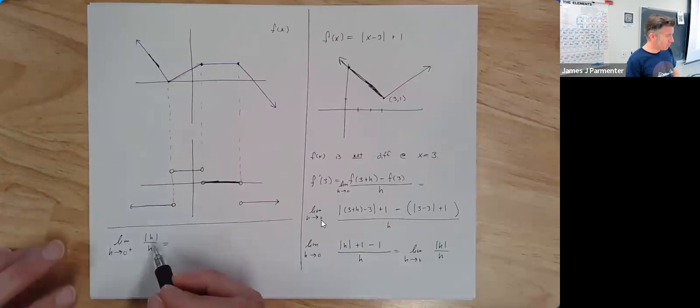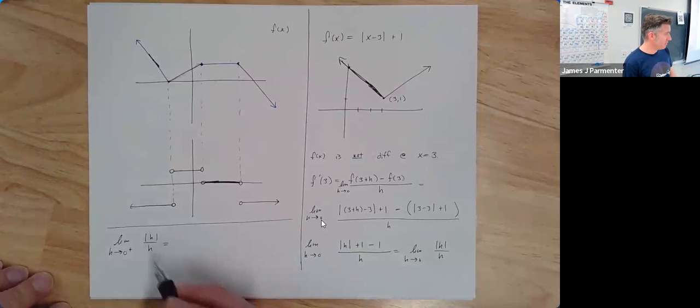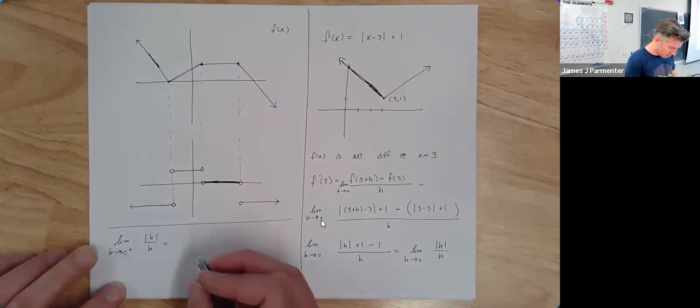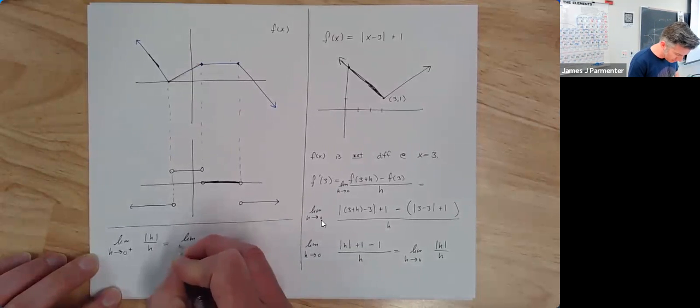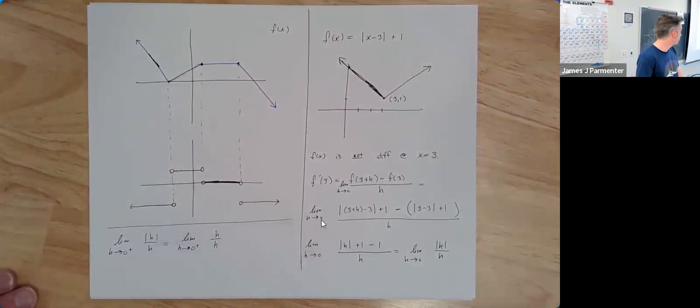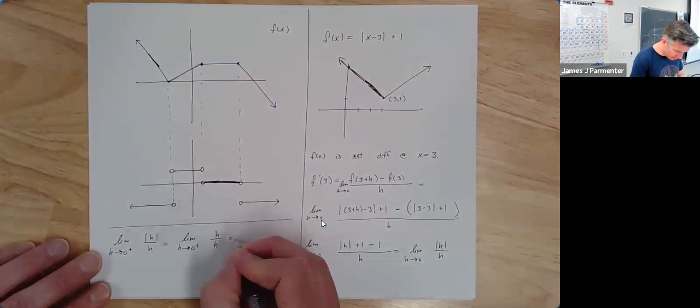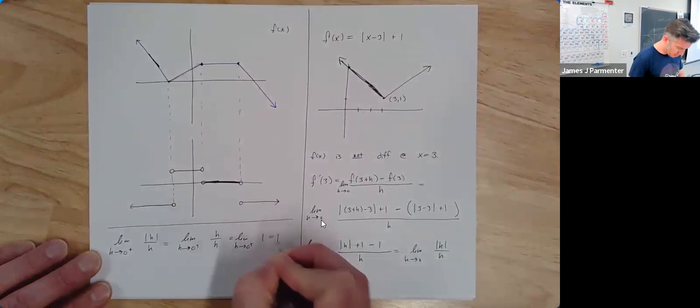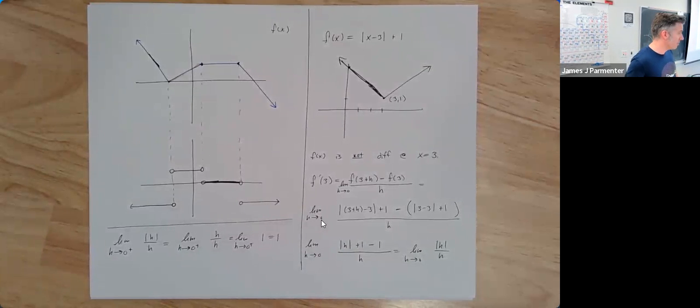If h is like 0.1, then the absolute value of h is still 0.1, meaning we can just drop those absolute values if the insides are already positive. But then h over h is just 1. And the limit of a constant is just the constant. So from the right-hand side, the limit of this is 1.